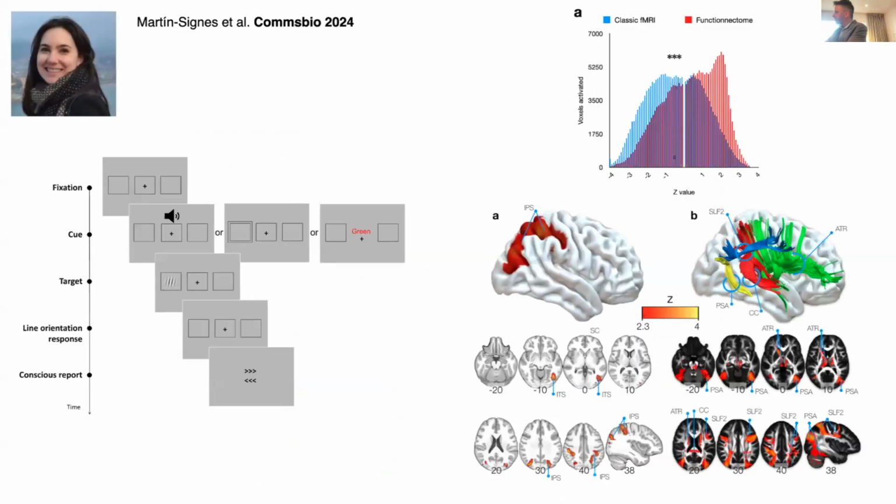So, still with Ma, we've been exploring another question that I found way more interesting: manipulating the visibility of the target. Sometimes you can see the target, but sometimes the target is so dim that you cannot see it. We play really at the individual threshold of people who can or cannot see this target. By doing so, we can make the difference between something that is perceived consciously by individuals versus something that is still perceived in the early processing of your brain, but will not reach consciousness.